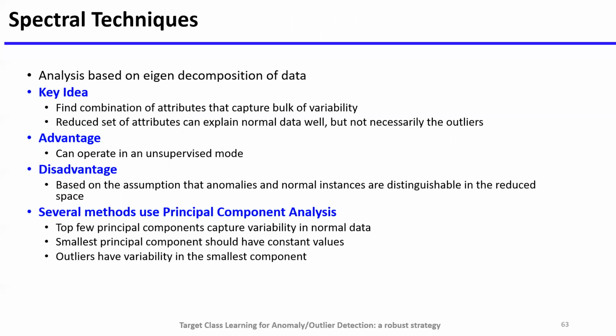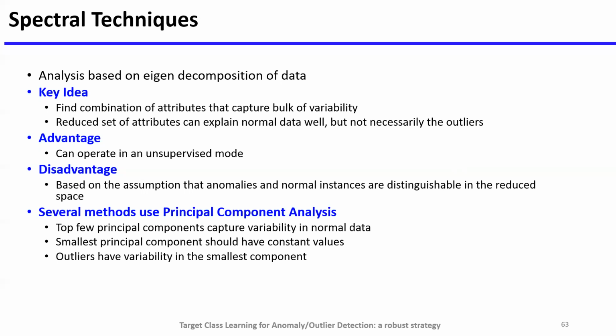And one more technique is the spectral technique. A spectral technique means identifying some of the key parameters based on the eigen decomposition of the data, for example, principal component analysis.